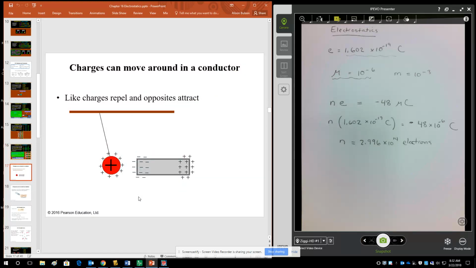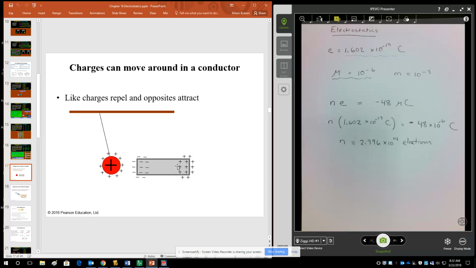Here's a bigger picture of what's going on. If I bring a positively charged object next to a conducting object, even if that conductor is neutral, the positive charge will pull on the negatively charged free-to-move electrons. The negatively charged free-to-move electrons will move as close as they can get to the positively charged object.